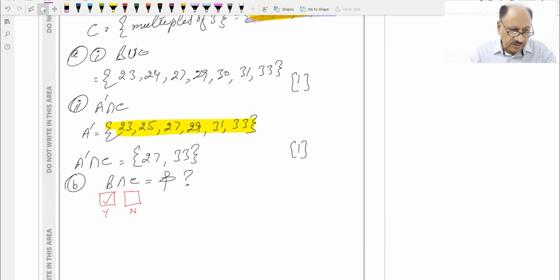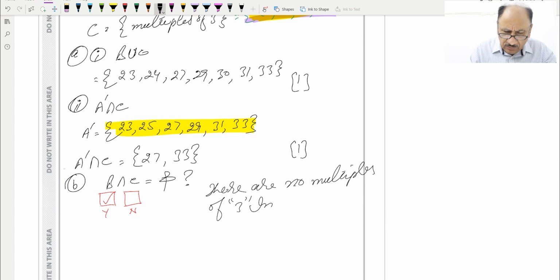Now we can write the reason: there are no multiples of 3 in set B. So we write here, reason: there are no multiples of 3 in set B. So that's done. The reason is also 1 mark.